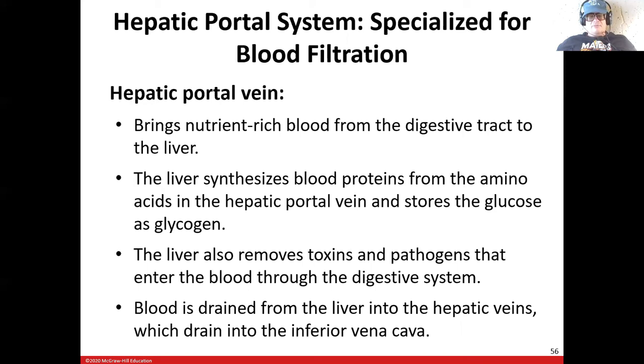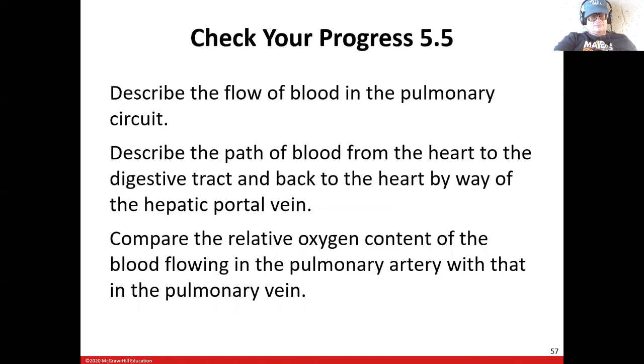The blood will drain from the liver into the hepatic veins, which go into the inferior vena cava. So basically, we're going to pass all of the things we absorb with the digestive system through a filter, the liver, before we go back into the venous system and go to the heart and get oxygen.